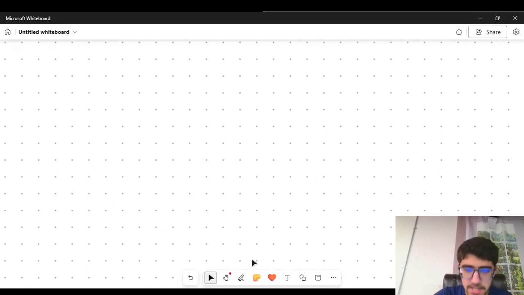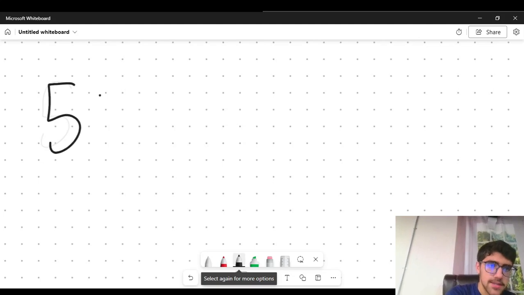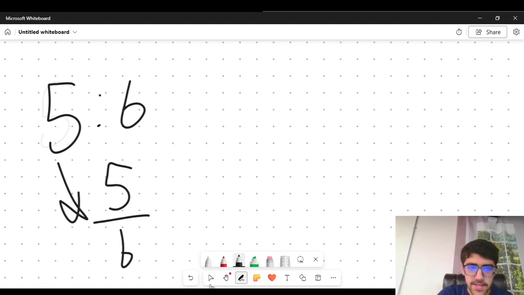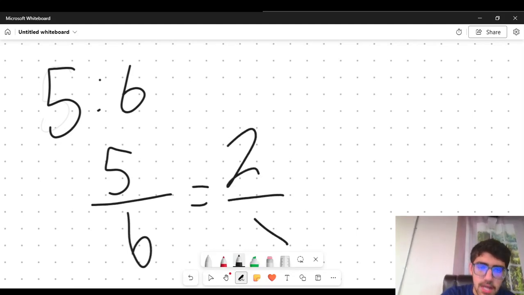So what is cross multiplication? First thing I wanted to mention, if you have a ratio like 5 to 6, you can write it as a fraction like this, they're equal, which can help with solving for x and stuff like that. But let's say you have 5/6 equal to 2/x, and we want to solve for x.